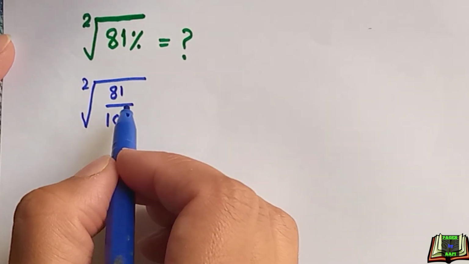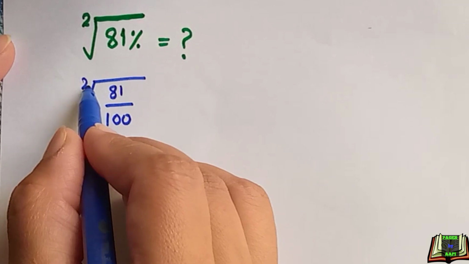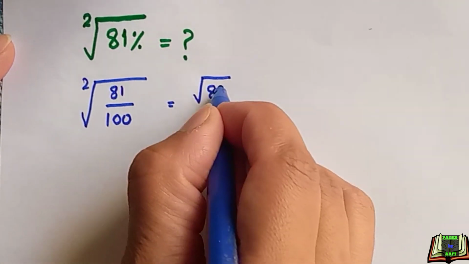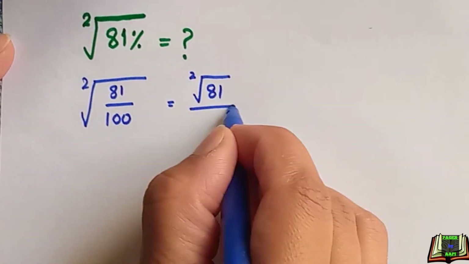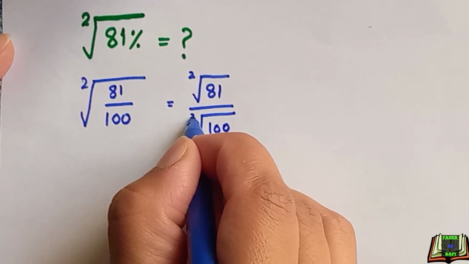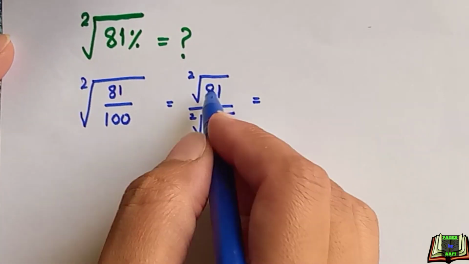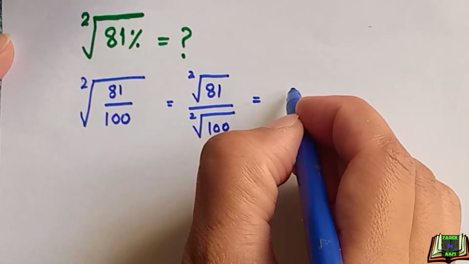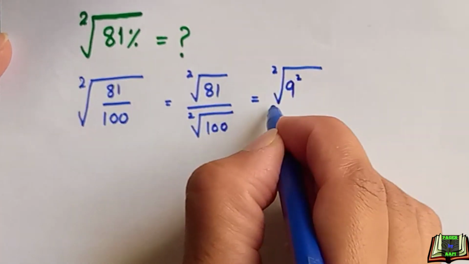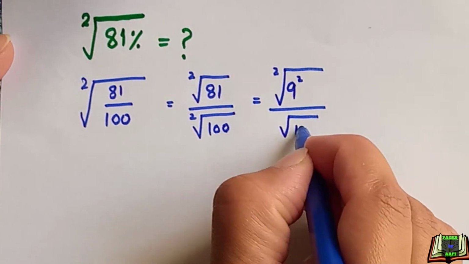Now we are going to write them separately, 81 and 100, in roots, like that. Now we know that 81 is equal to 9 to the power 2, and 100 can be written as 10 to the power 2.